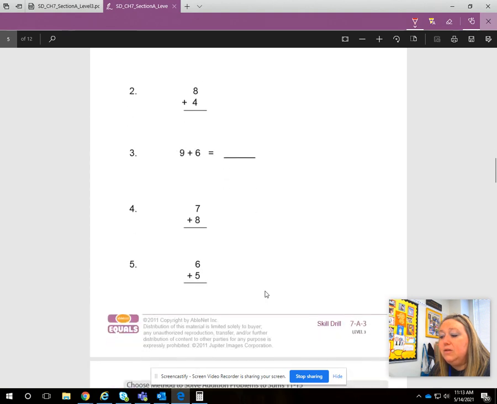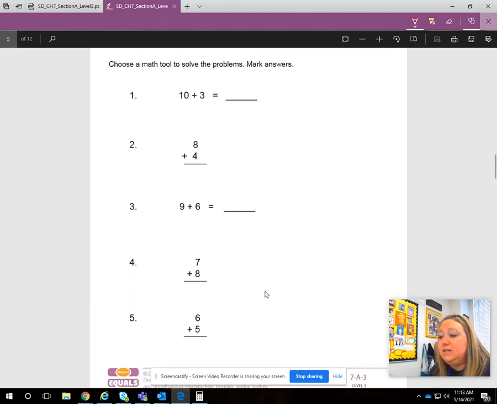Okay, so these are just like the ones that I just did. You, my friends, are able to choose which strategy or tool that you would like to use. Do you want to use a number line or do you want to use a calculator? You get to decide which you would like to use, okay?